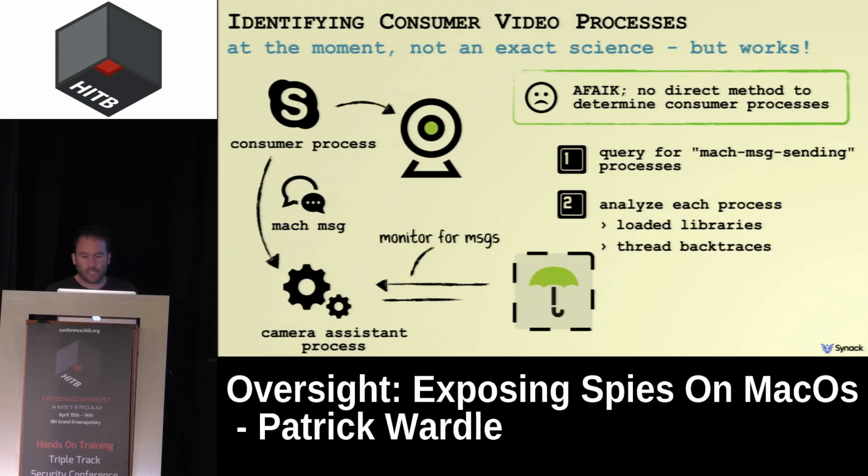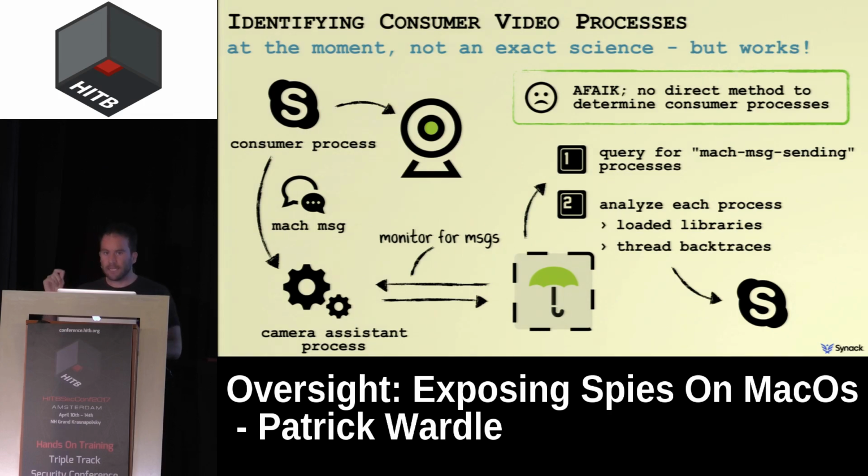So one of the main functionalities or feature points of Oversight is its ability to identify both initial and secondary consumer processes. That is to say, it can tell you what application is actually using the webcam or the mic. Turns out this isn't trivial because Apple doesn't provide any direct way to do it. So yes, they will deliver a notification saying, hey, the webcam is activated, but they don't tell you what process is doing that.